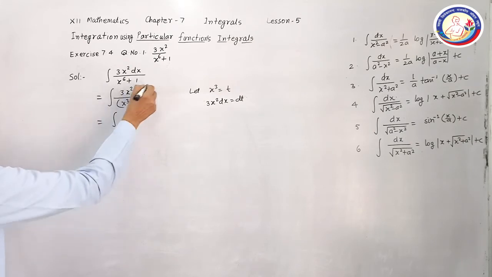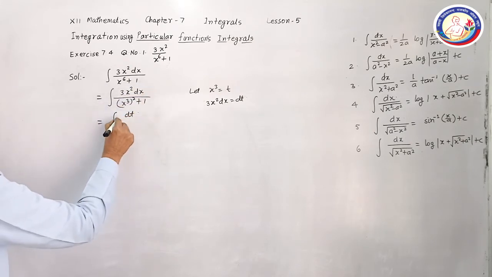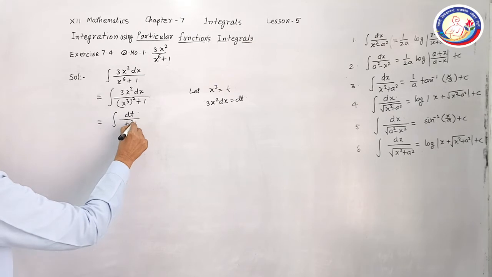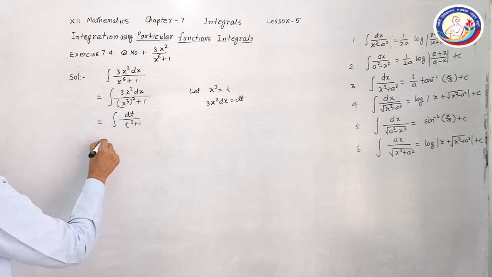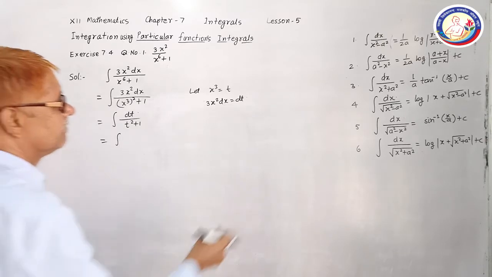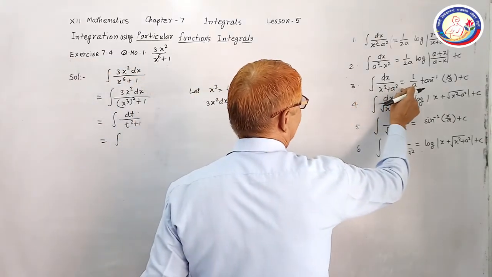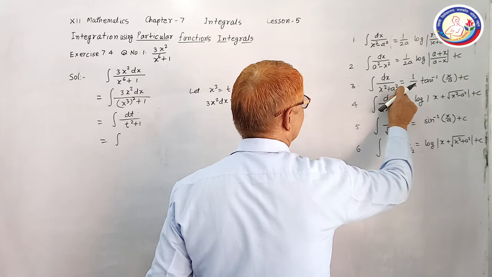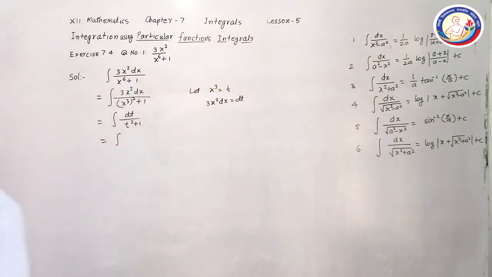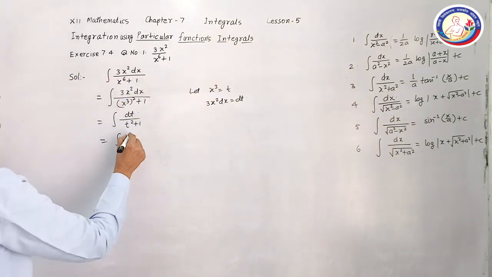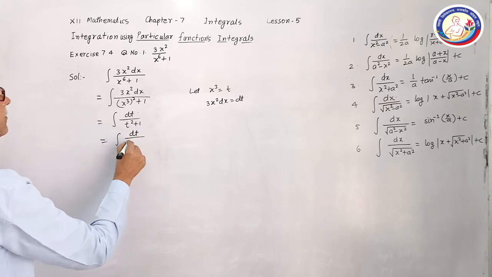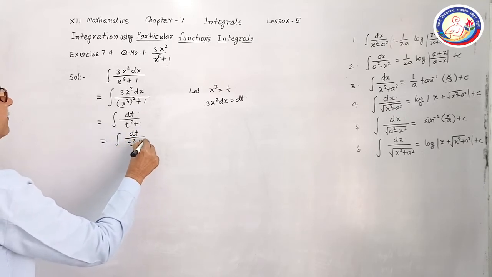So 3x square dx is dt, divided by t square plus 1. This is the form x square plus a square, where a is equal to 1. So dt upon t square plus 1 square.